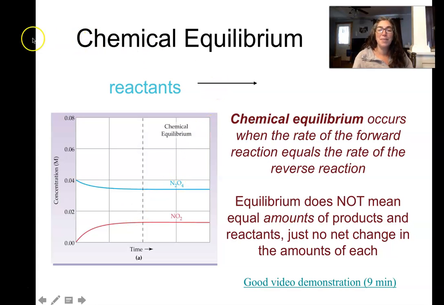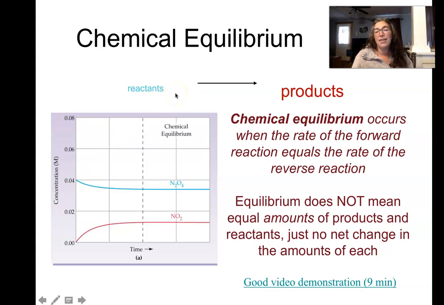So I tried to make this little animation here. So in a chemical reaction, generally, you start with reactants. You have no products at the start. So at time 0 here, we have some concentration of reactants and we have 0 concentration of products. The reaction starts to go and the amount of reactants starts to decrease while the amount of products increases, right?